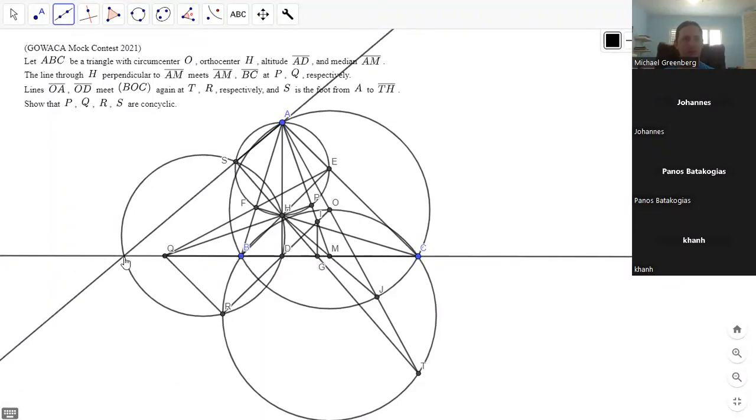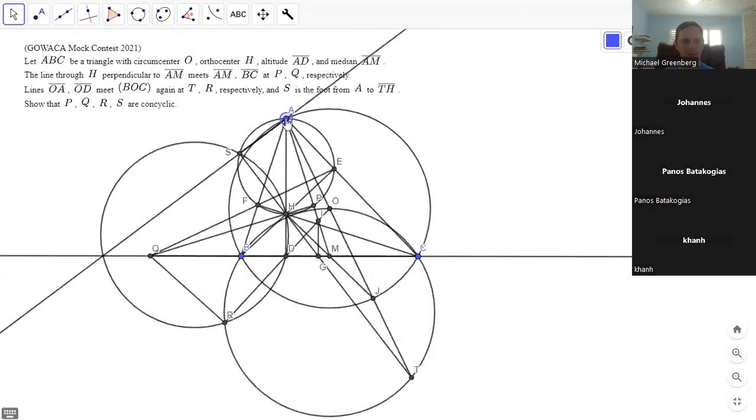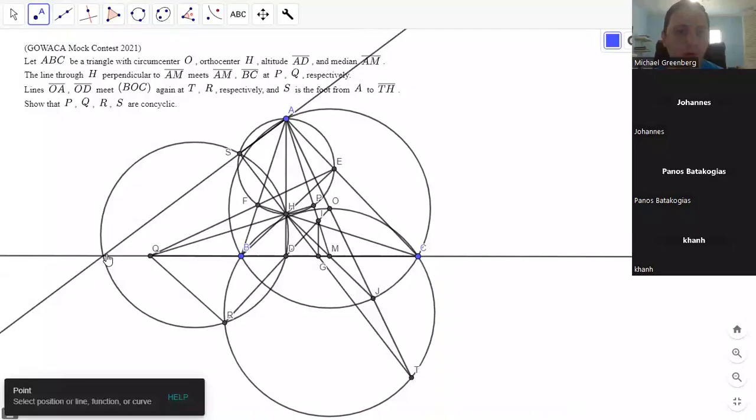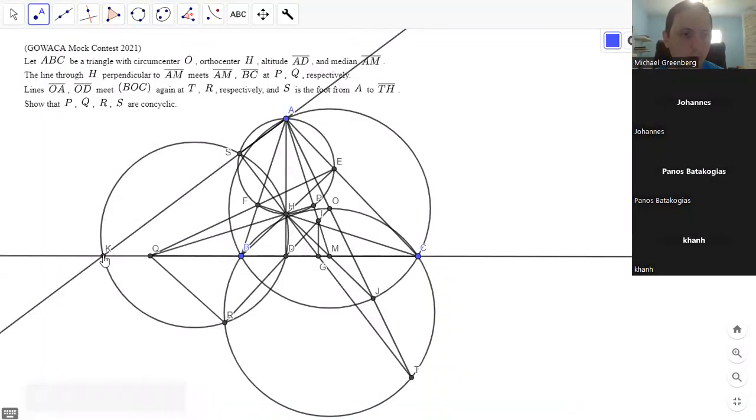And maybe we could prove that, because it looks like those concur. But yeah, we'd have to show that R lies on that circle.